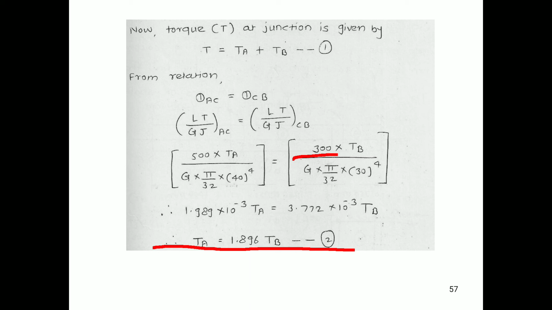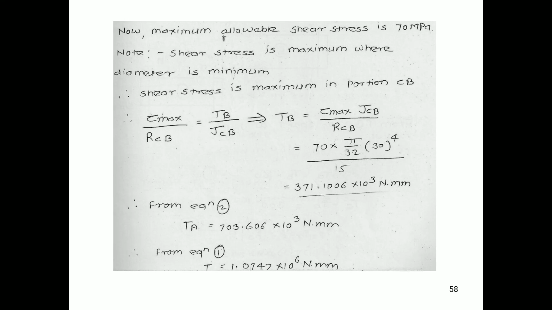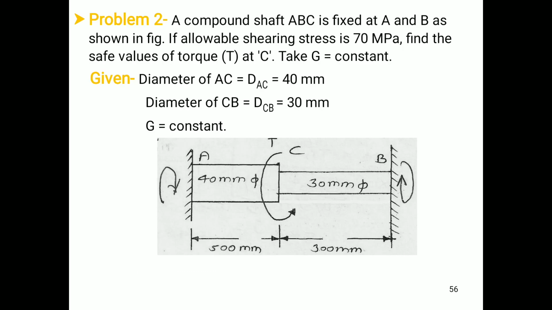On putting equation number 2 in equation 1, we will have the torque at B also. But as given in the numerical, we have the maximum allowable shear stress. This word is very important. Maximum allowable shear stress is 70 MPa. So the maximum shear stress will occur either in shaft AC or in shaft BC.